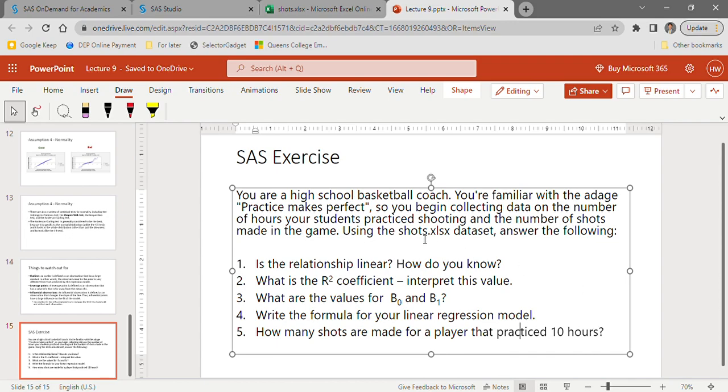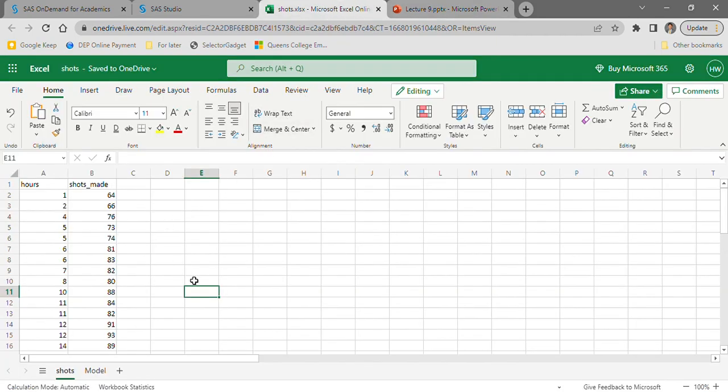So we're going to use the shots.xlsx dataset, which I have here. And you will see we have a column which is the number of hours practiced and the number of shots made.